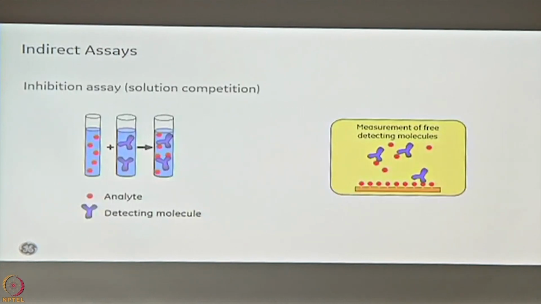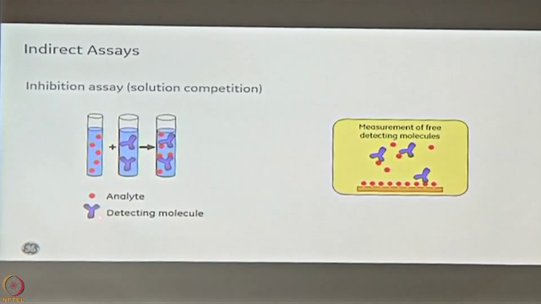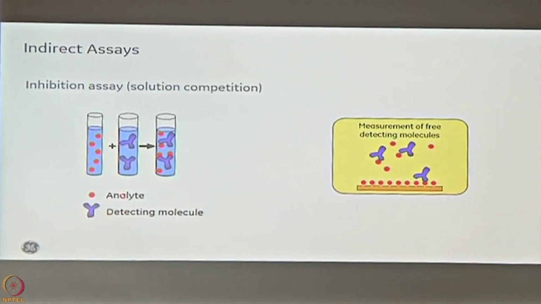There are certain indirect bindings that you can do, where we utilize the competition. So the binding does not really happen on the surface, you are having the binding happening in the solution. This is called the solution competition. What you do here is mix the analyte and the detecting molecule in a particular proportion.